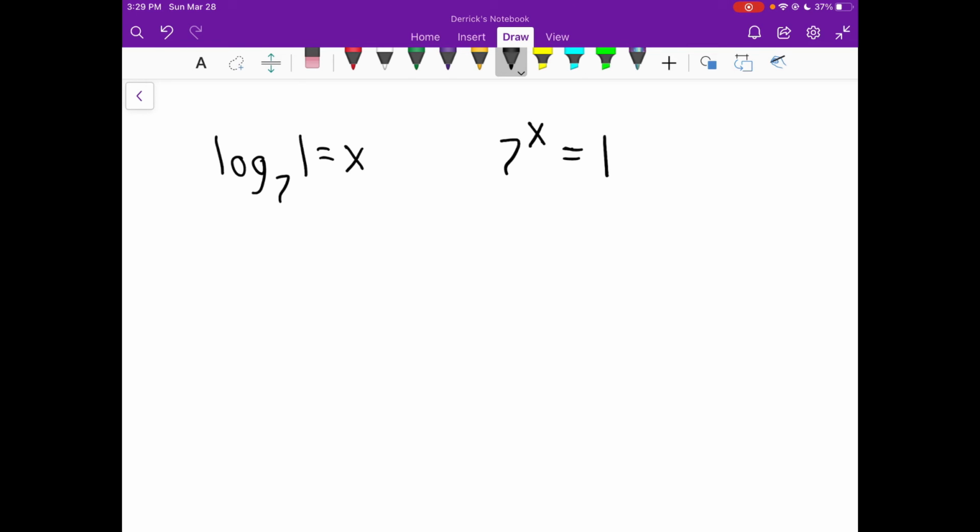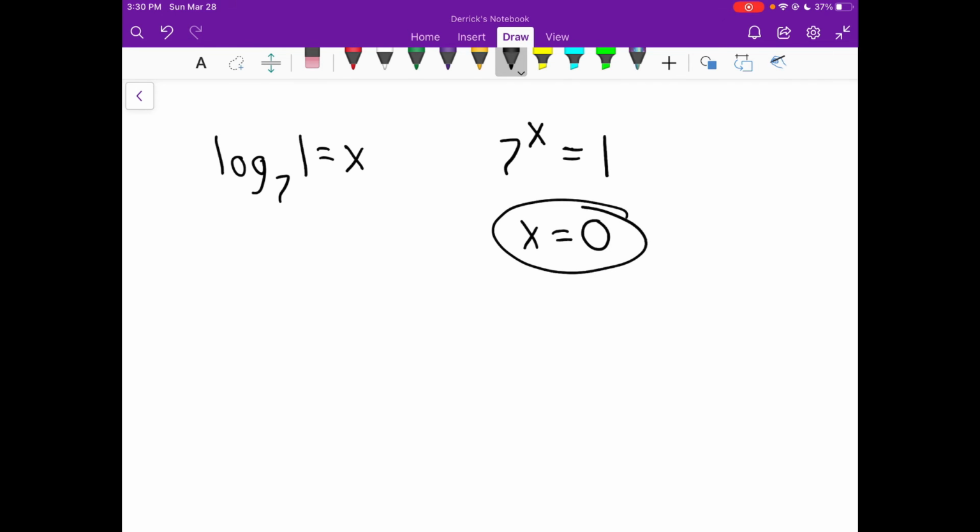Well, if you know your properties of exponents from our previous video, then you know there is a property that specifically says any base to the 0 power will always be equal to 1. Anything you can imagine, if you take it to the 0 power, it should be giving you 1. So in this case, x must be 0.